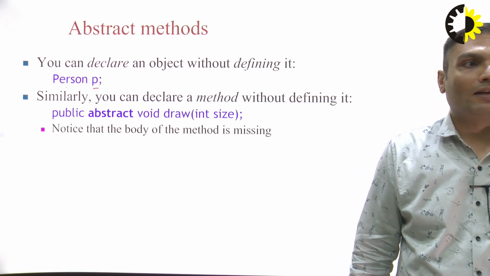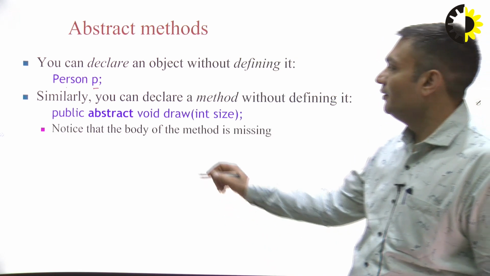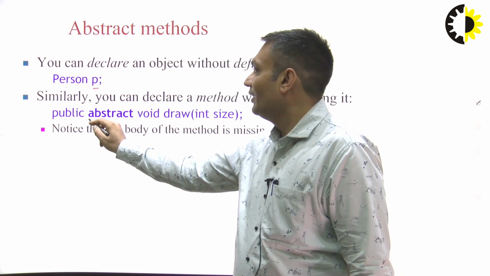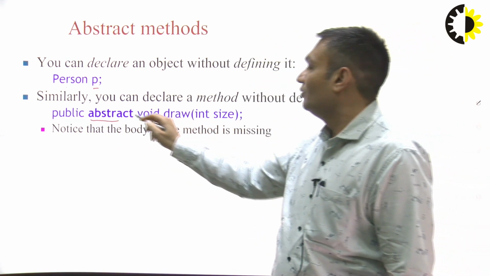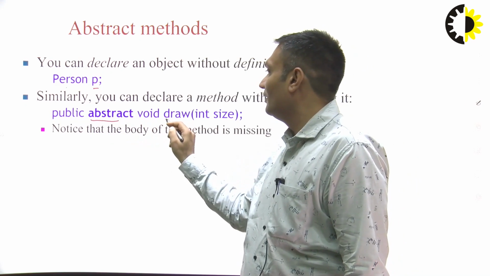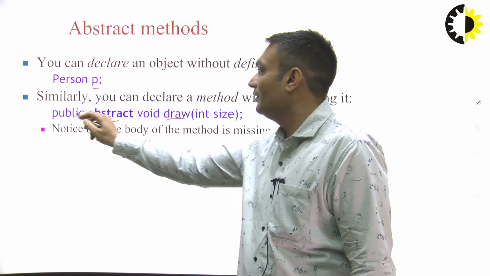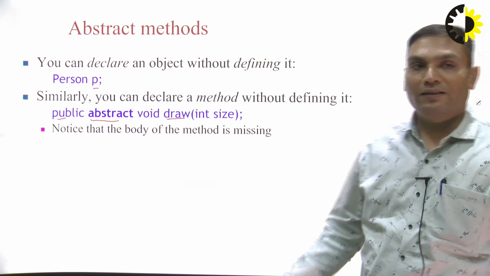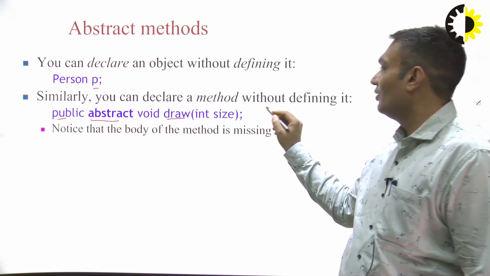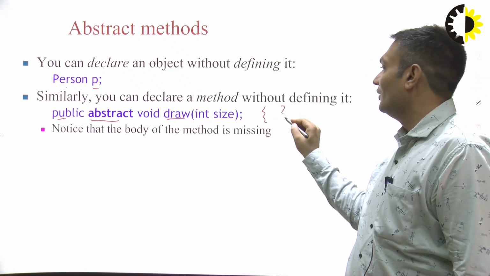I can define a public class, and I'm defining a method whose name is draw, which is public and abstract in nature. You can see that there is a semicolon here, not the body of this method.